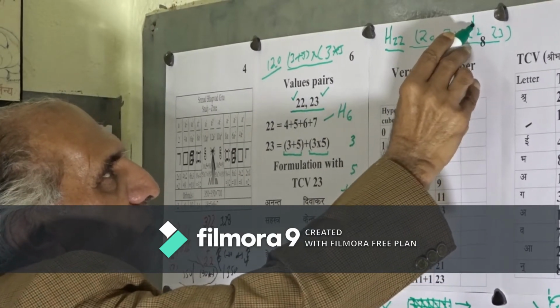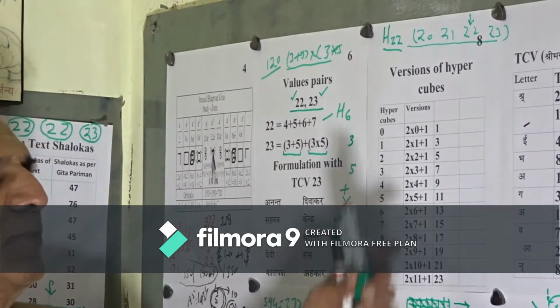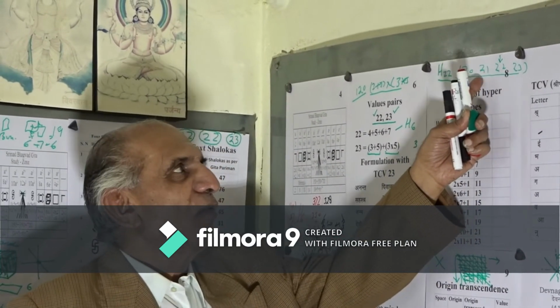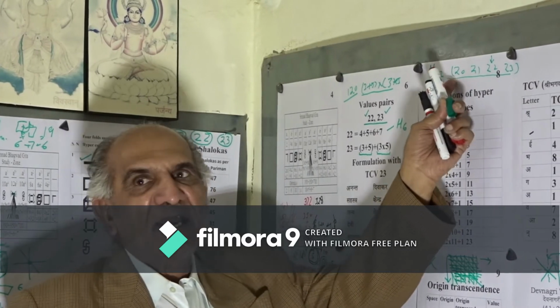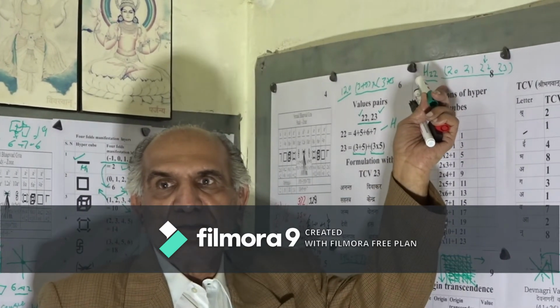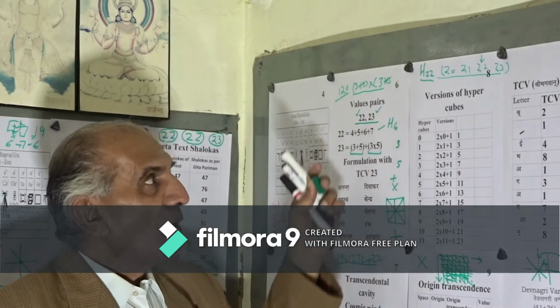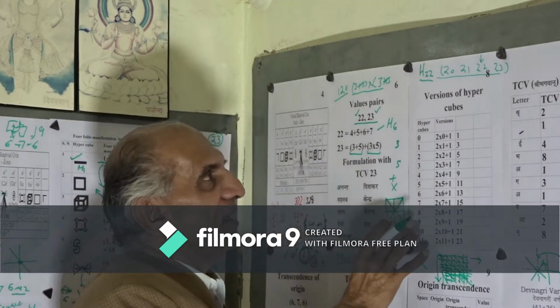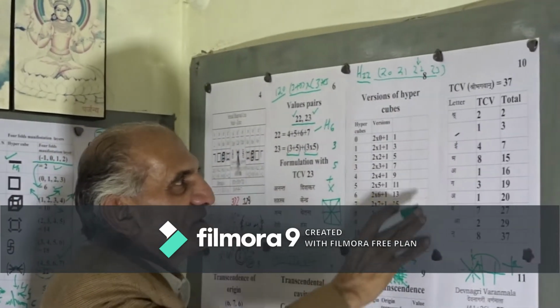Hypercube 22 would mean 22 as a domain, 23 as an origin, 21 as a boundary and 20 as the dimension. Now let us pause and see that these hypercubes have versions.